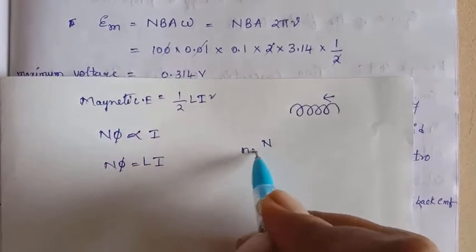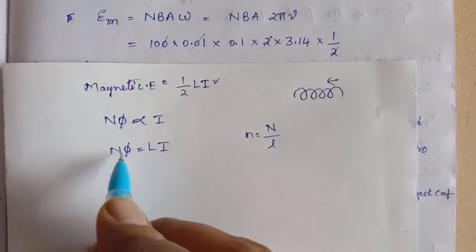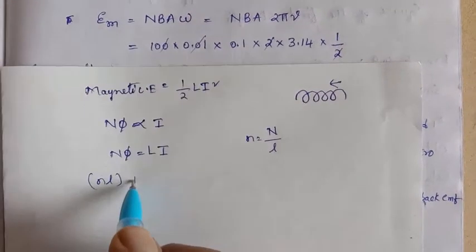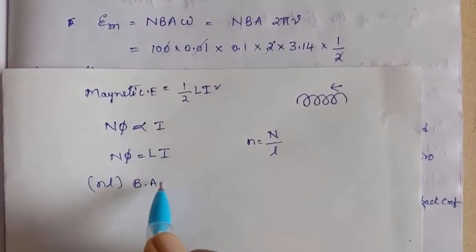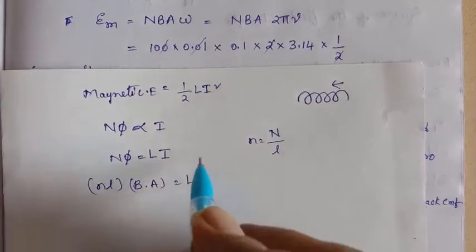Small n is equal to the total number of turns per unit length. That's why capital N is equal to small n into L, and phi is equal to B dot A, that is BA, into Li.